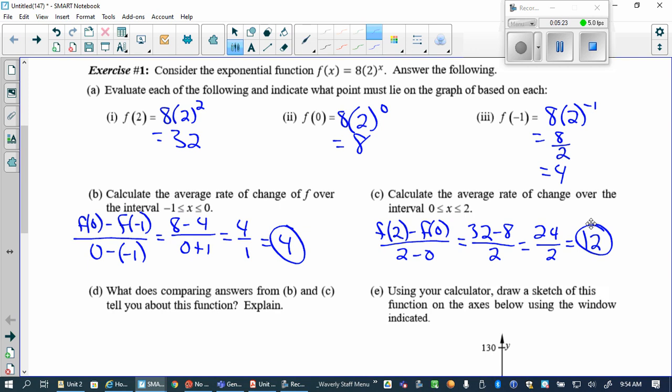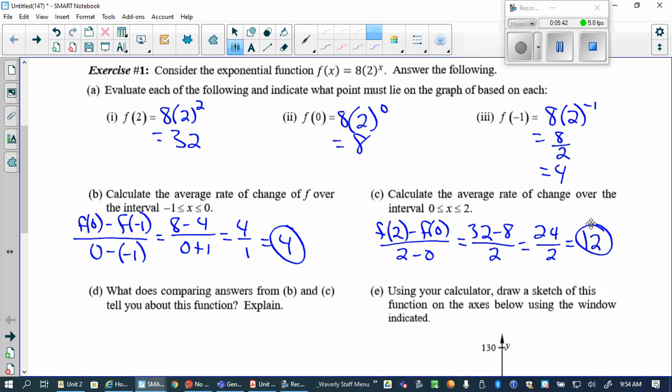That's just like the slope formula. Don't get confused. When you're doing the rate of change like this, you do it new minus old.